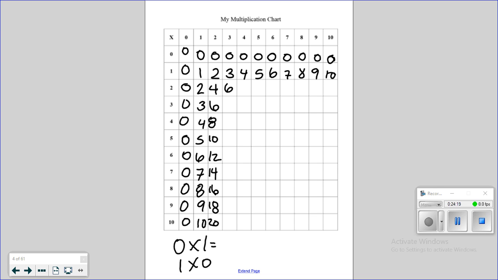4 groups of 2. Bella? 8. Very good. What about 5 groups of 2? Jacob, what about 5 groups of 2? 10. Awesome. Will, 6 groups of 2. 12. Gwen, 7 groups of 2.